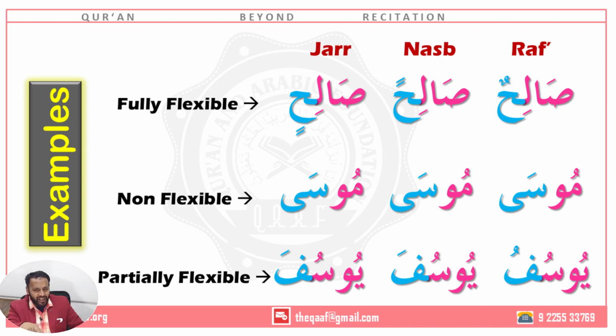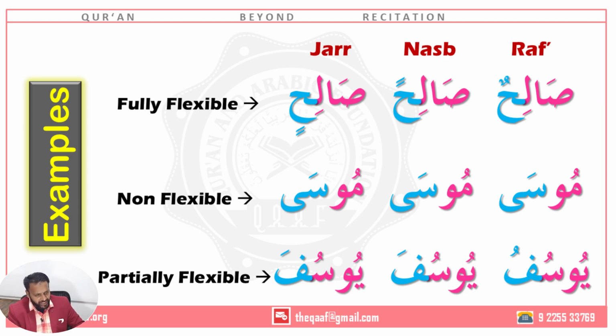That looks like a ya, but its sound is a. Alif maksura. Maksura means broken, the broken alif. Okay? So that is a sign the word might be non-flexible. Because alif maksura does not take any fatha, dhamma or kasra. It doesn't like it. It doesn't want to keep anything on its head. So if it doesn't want to keep anything, then it will look the same. Okay? That's why Musa, Musa, Musa.